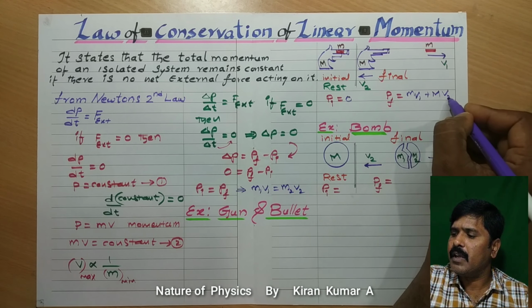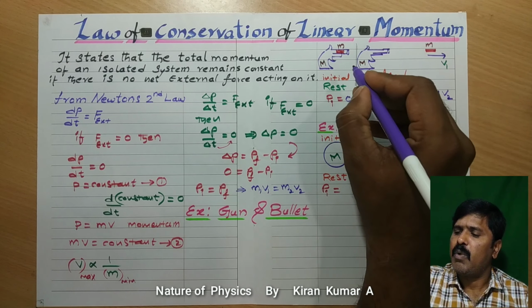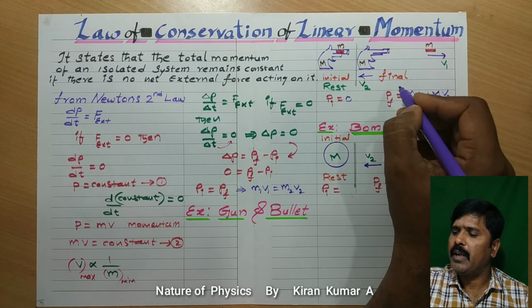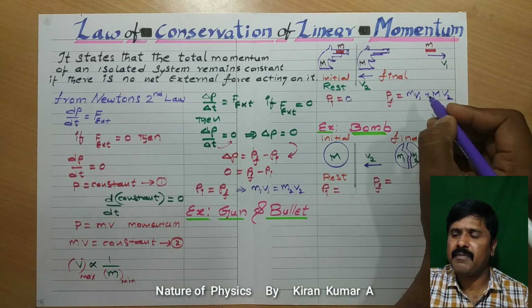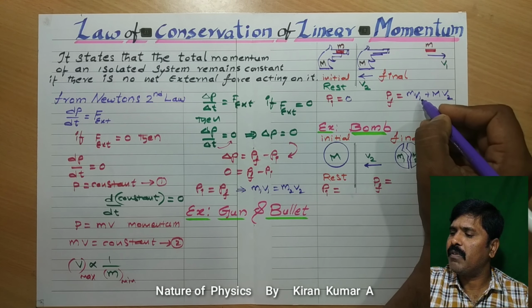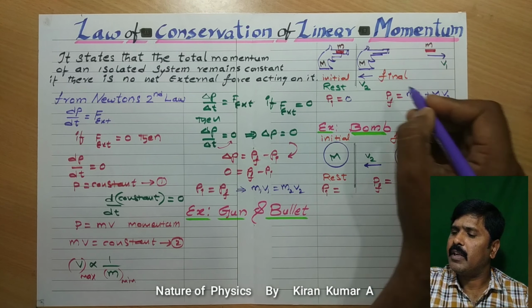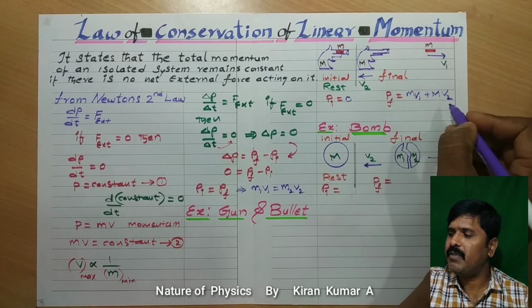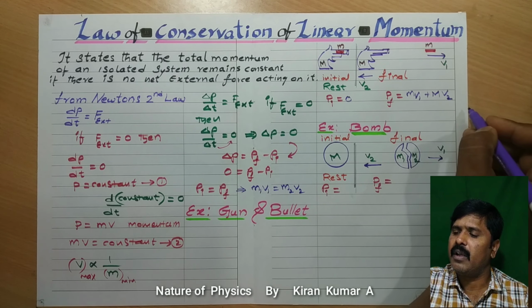Here small m is the mass of the bullet and capital M is the mass of the gun, students. The bullet velocity after firing is v1 and the gun moves in the opposite direction with velocity v2, students.